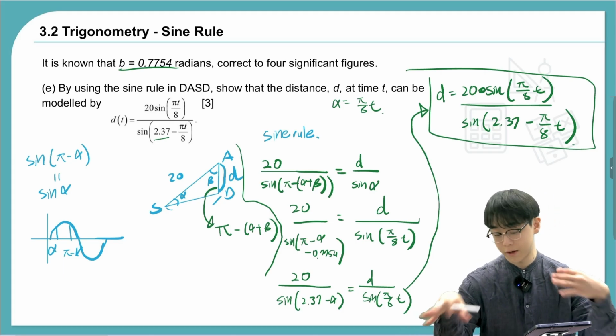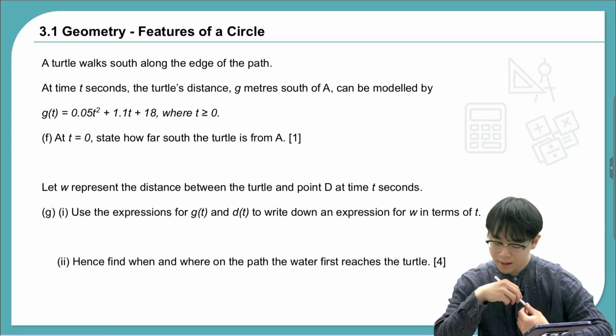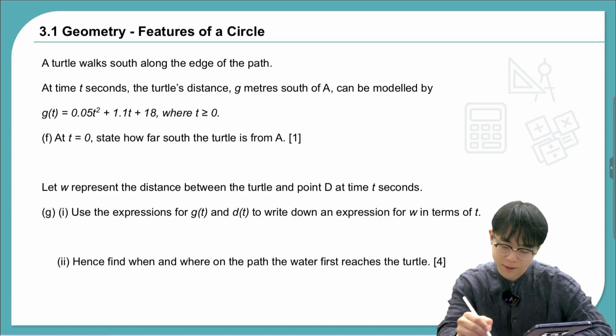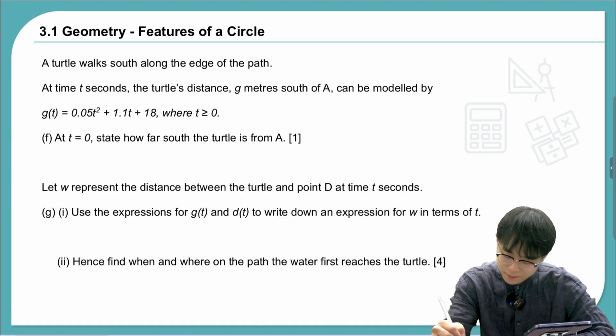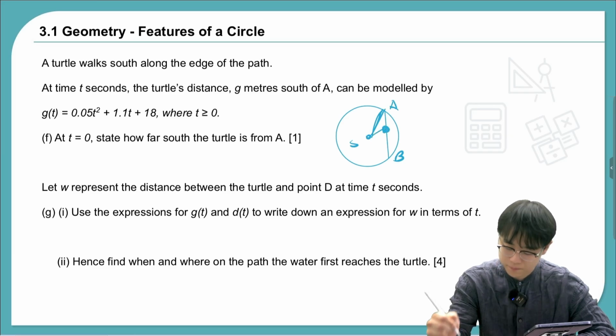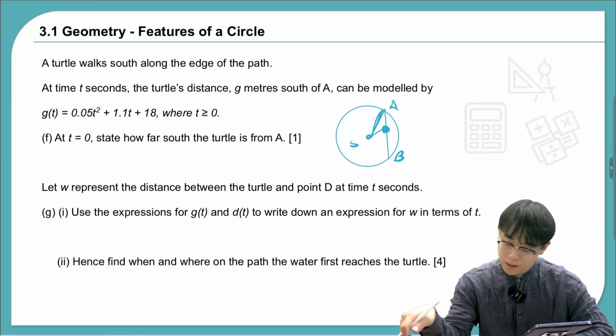Okay, moving on to F. At t equals 0, how far is this turtle from A? Okay, so this turtle is walking along the path. So if we have our sprinkler at S and the turtle is moving from A to B, I guess we could say the turtle's position is at D based on the time here.